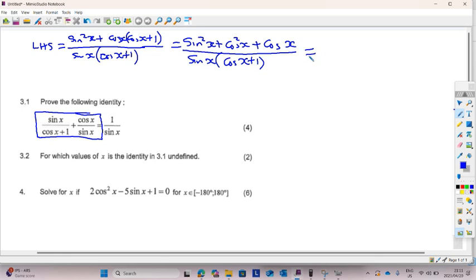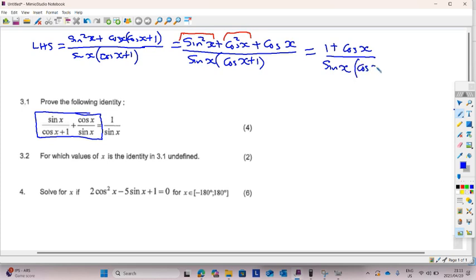From there we have this sine x squared plus cos x squared. That one should give us a 1. Remember the square identity, so this is 1 plus cos x all over sine x multiplied by the bracket of cos x plus 1.